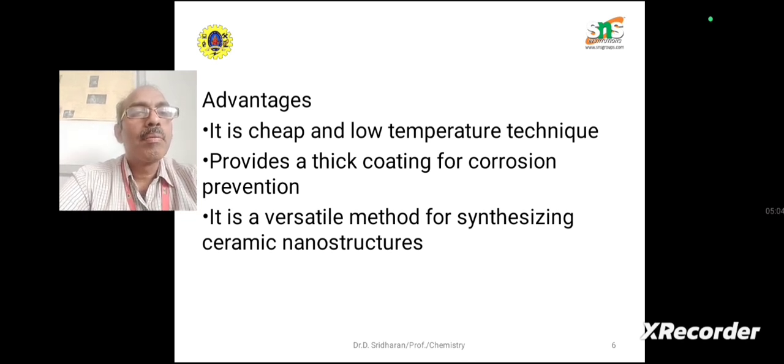In this method we can prepare a large volume of nanoparticles. These nanoparticles, like metal oxide nanostructures, are used in the electronic, energy and mechanical industries.